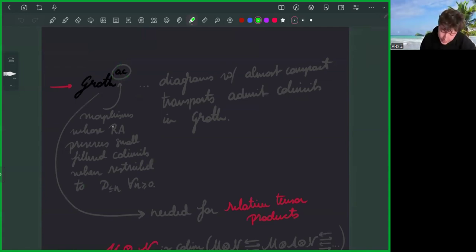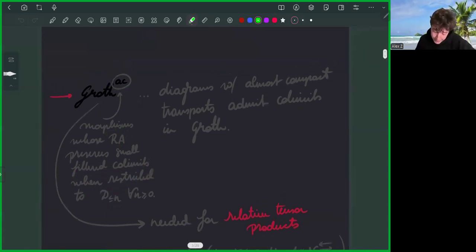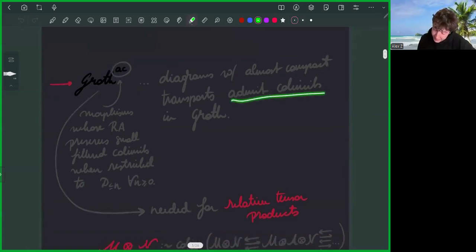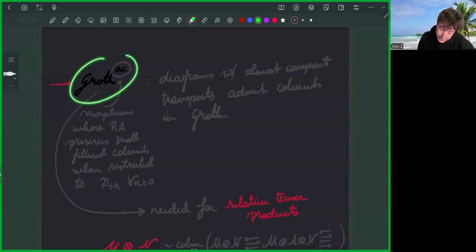These were those morphisms whose right adjoint preserved small filtered colimits when restricted to these d less or equal to n, these co-connective parts. Okay. And again, I already said this, but these diagrams in here in fact admit colimits.